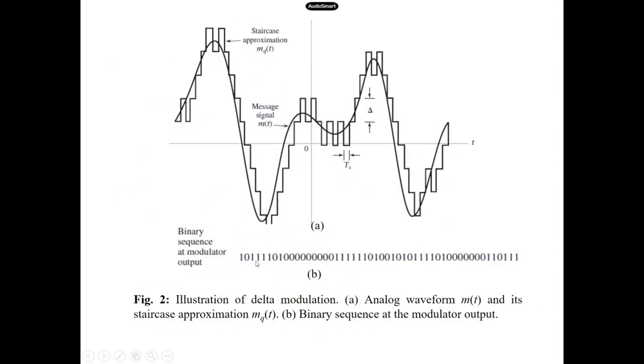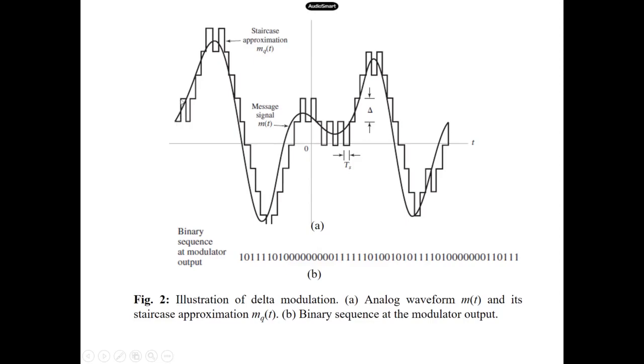Now, how does it work? Suppose we have a sequence of this form, and this sequence is generated from a continuous-time signal. You will be able to understand how the staircase approximation works with the help of this binary sequence. So we start from this point.